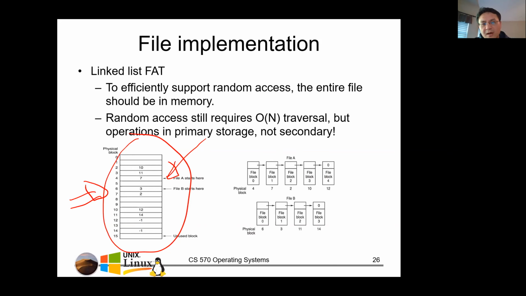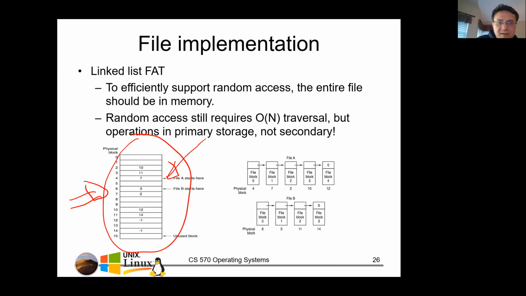Also, usually you want to duplicate this table as a redundancy scheme for safety, because if you lose this table, you essentially lose everything. Your file system would become corrupted. So usually you make a duplicate of this table. If one copy goes bad, the duplicate can be used.